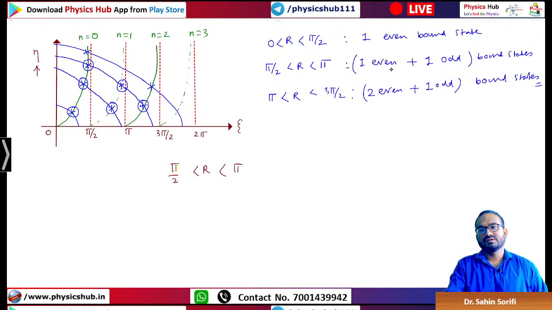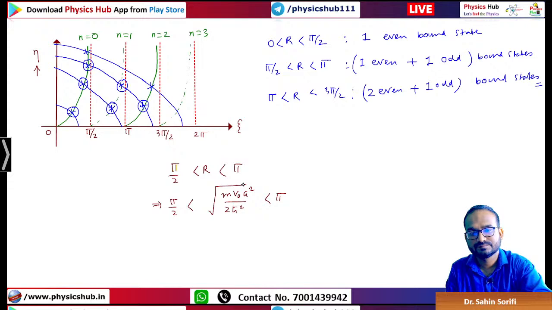For this there will be one even and one odd. So you can see pi by 2 is less than r, which is equal to square root of m v naught a square by 2 h cut square, isn't it?